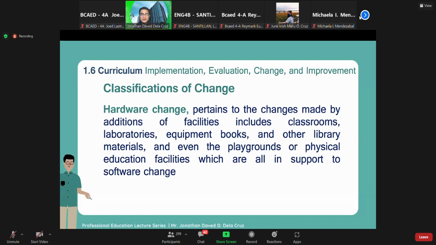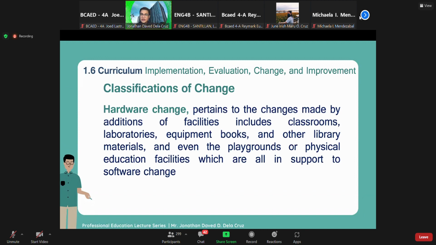But anyway, hardware change is retooling or increasing your learning materials and your classrooms. Okay, maganda na yung classrooms, adequate na siya. Yung learning materials niyo naman, in-improve na din, nag-ready ng mga books and other digital sources.